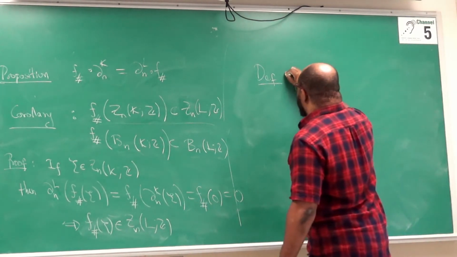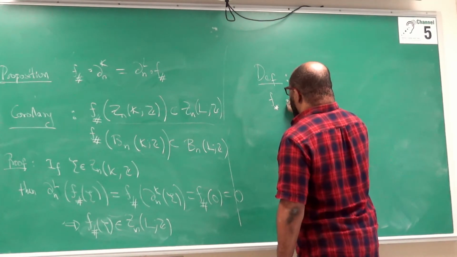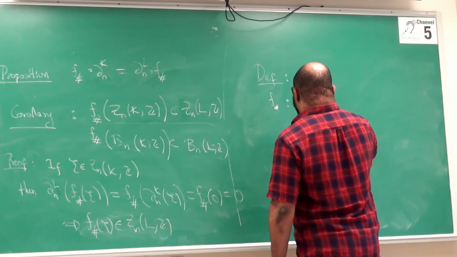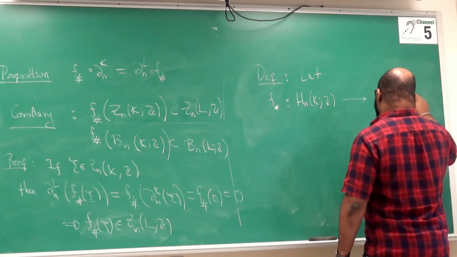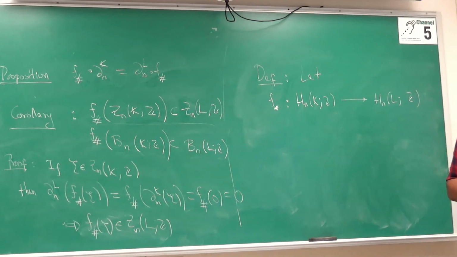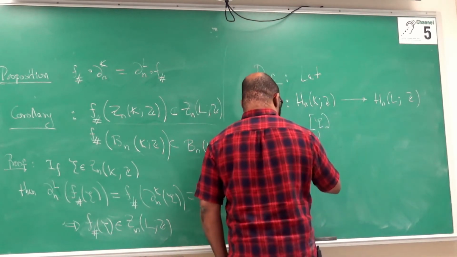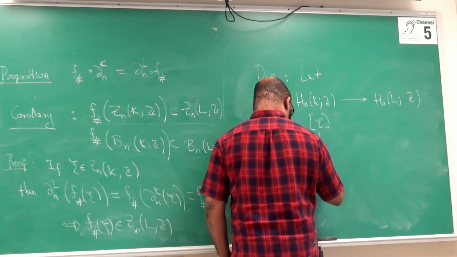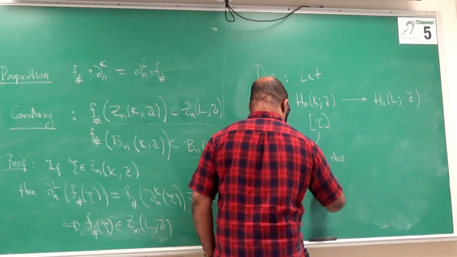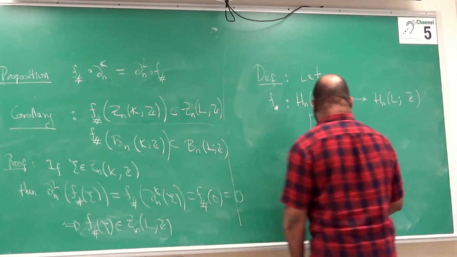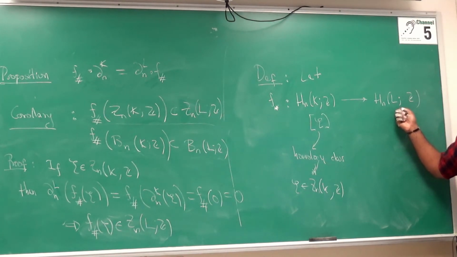I'm going to let F star go from the homology of K to the homology of L. And what it's going to do is take the homology class of zeta, and I need to produce a homology class in here.